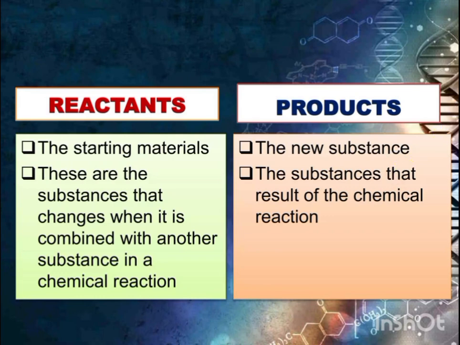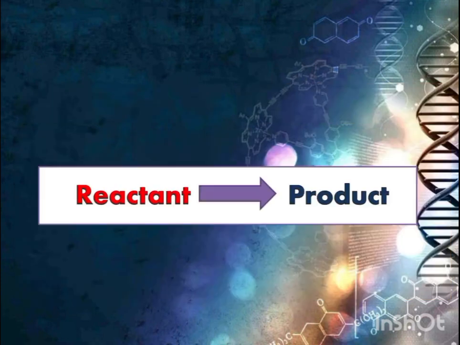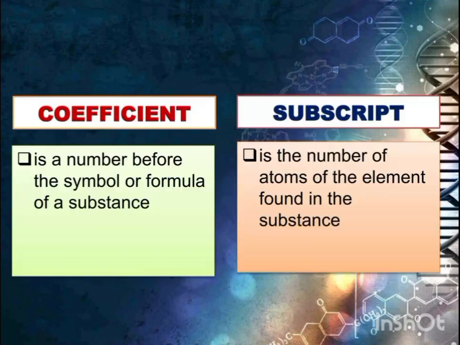Reactants are the substances that undergo changes when they are combined or reacting, while the products are the outcomes formed after the mixing of the reactants. So this is the general representation: reactants are written on the left side, while the products are written on the right side.